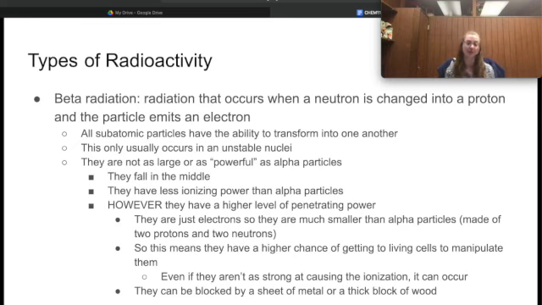So another type of radiation that exists is called beta radiation. It's radiation that occurs when a neutron is changed into a proton, and then the particle that is emitted is an electron.